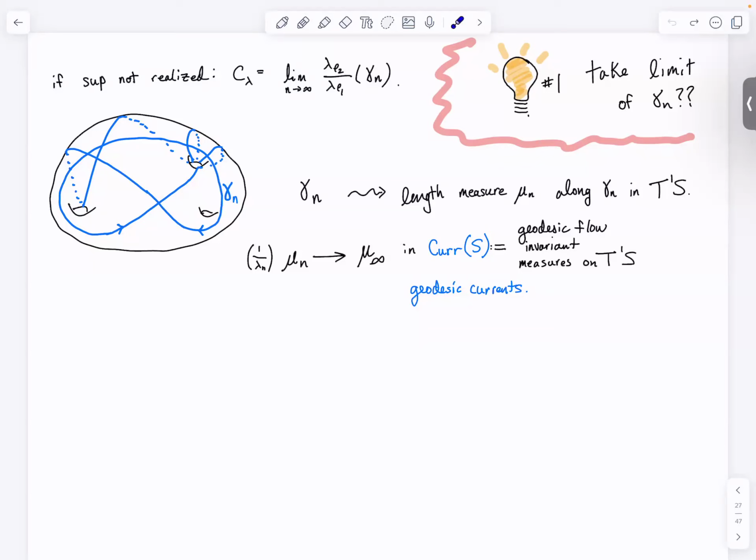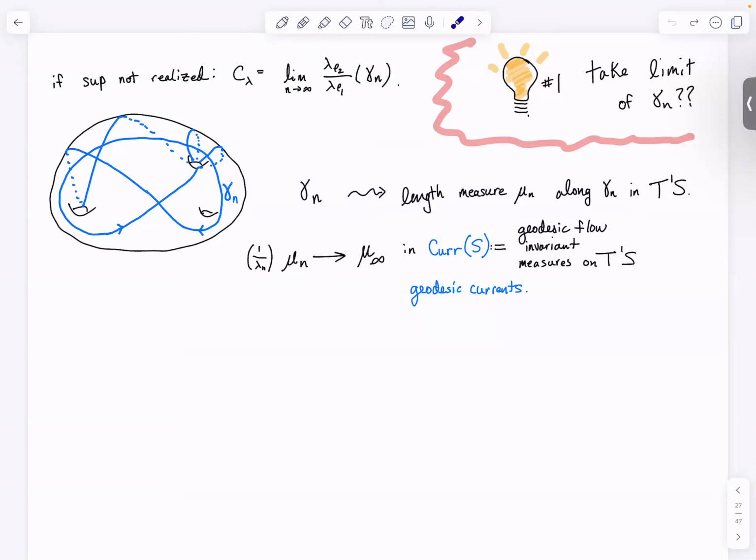And the point is that spaces of measures have good compactness properties. I can usually take limits of measures if things are nice enough. And so I can actually do that here. If I take this mu n and suitably rescale it, it converges to a limiting measure, mu infinity, up to subsequence. That limiting measure is some measure on the unit tangent bundle of S, supported on some collection of geodesics.